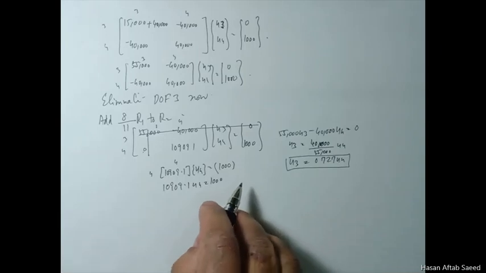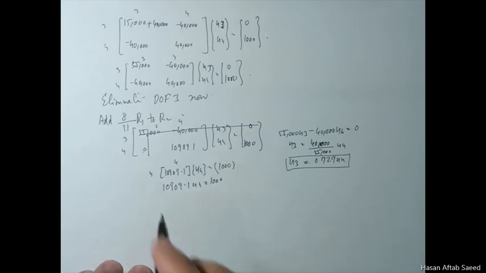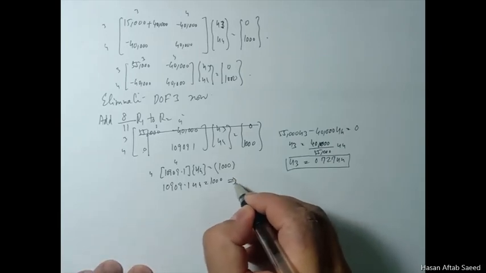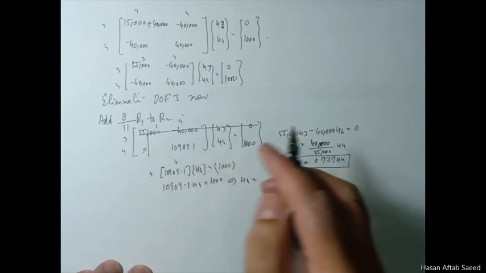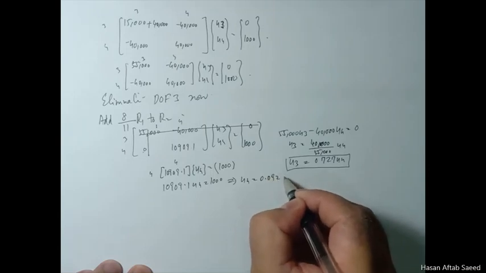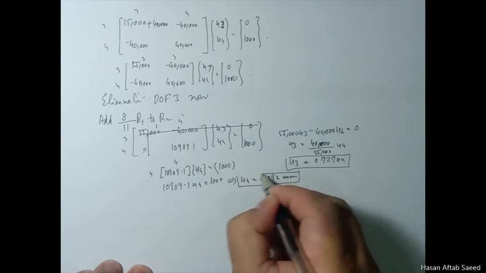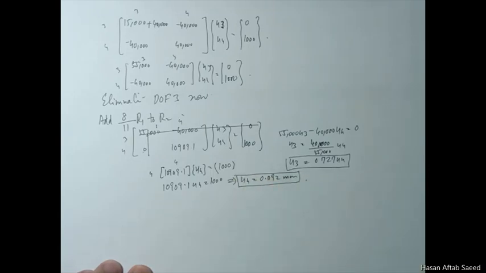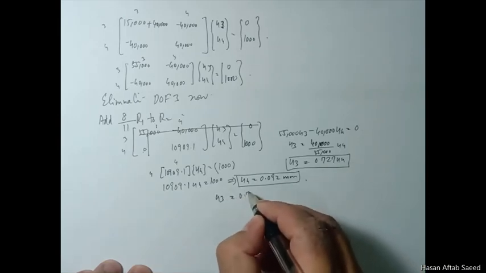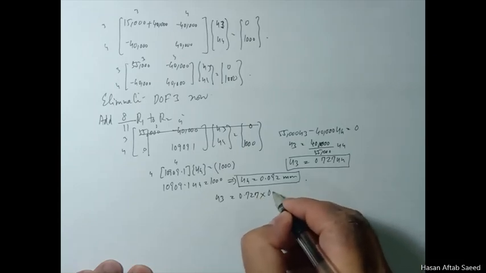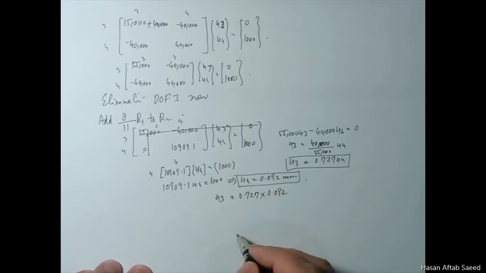This is not a matrix anymore, which means that u4 is equal to 1000 over this, and that is 0.092 millimeter. Now the rest is simple. Back substitute u3: 0.727 into 0.092.